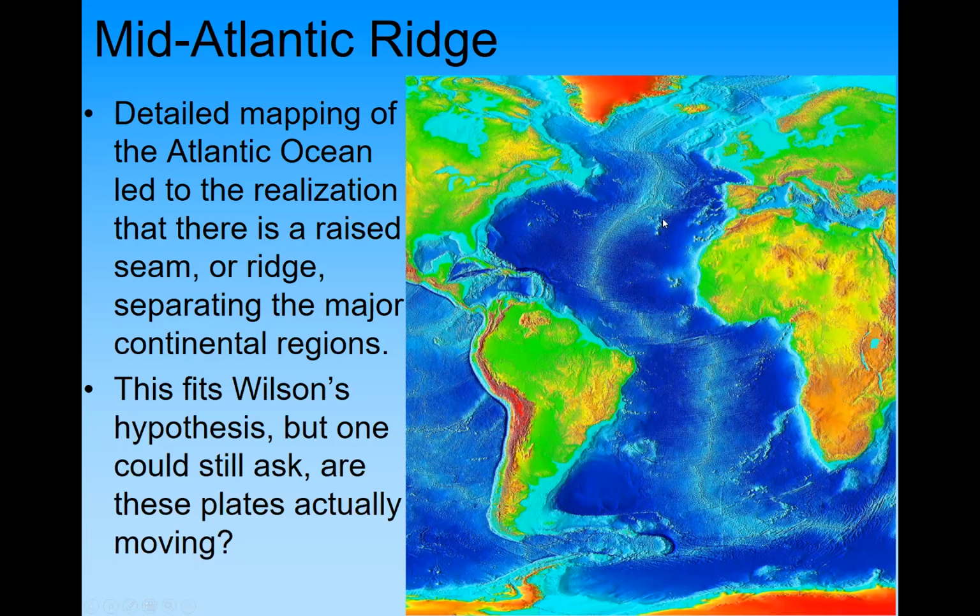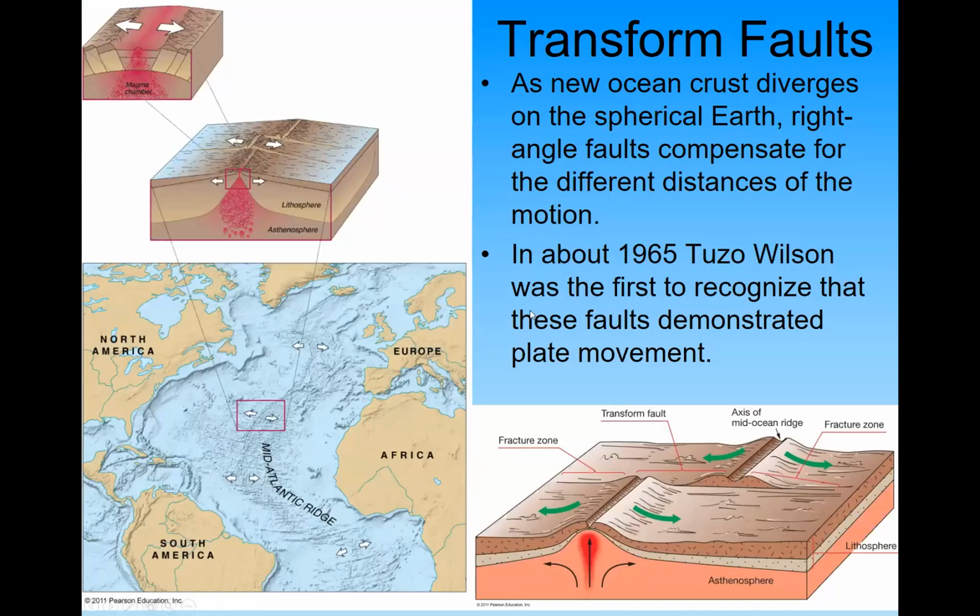And so what Wilson observed was that along this feature, which he suggested was the origin of new ocean plate in the middle of the Atlantic Ocean, there were faults, transform faults. And these transform faults occurred as the seafloor was moving apart.